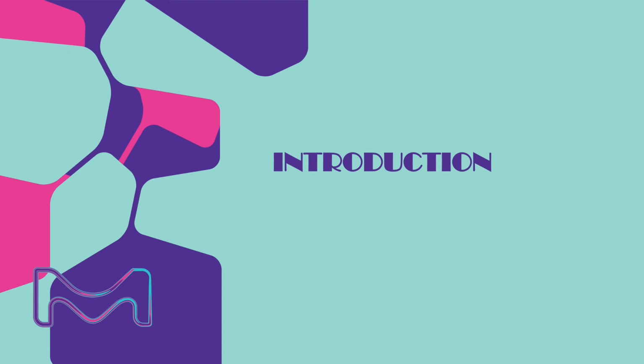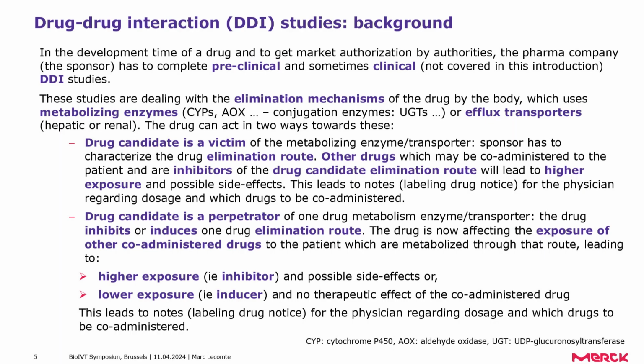So, introduction. Just a little reminder about drug-drug interaction studies. During the development of a drug to get market authorization by health authorities, the sponsor, the pharma company, has to complete a bunch of preclinical and sometimes clinical drug-drug interaction studies.